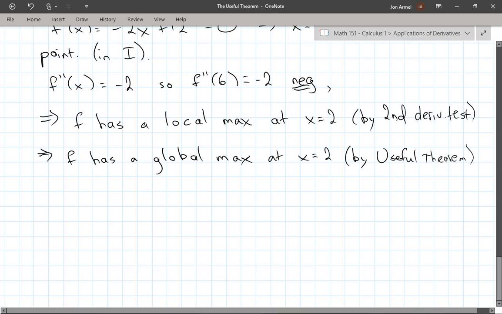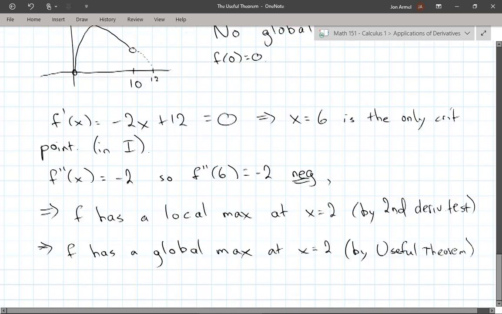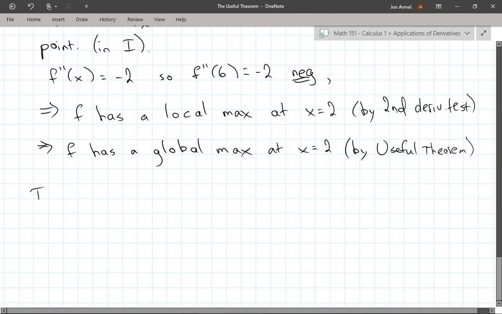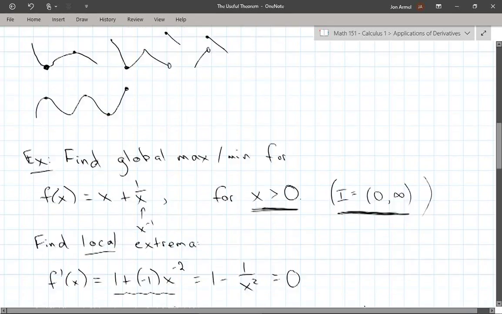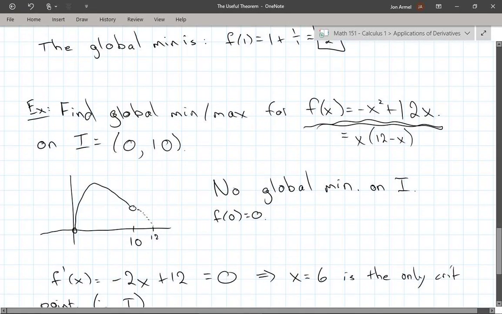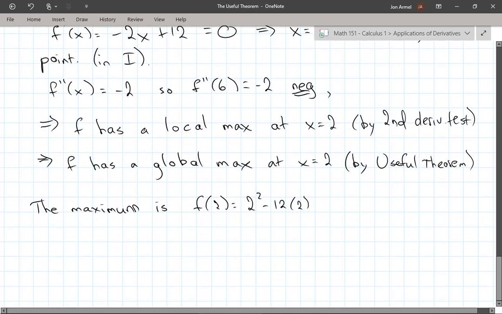Okay? And I guess we should actually figure out what the global max is. So what was my function again? It was negative x squared plus 12x. So we just plug in. The maximum is f of 6.